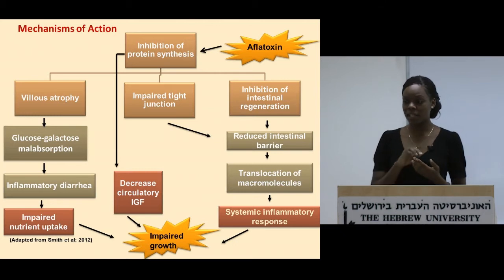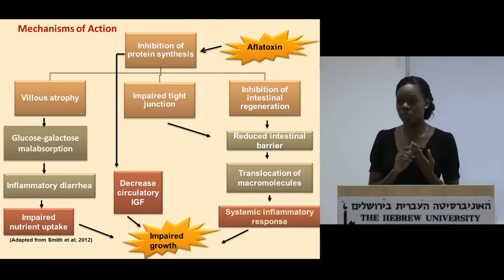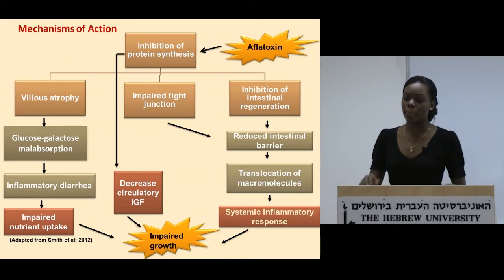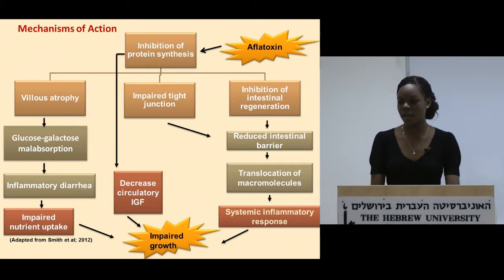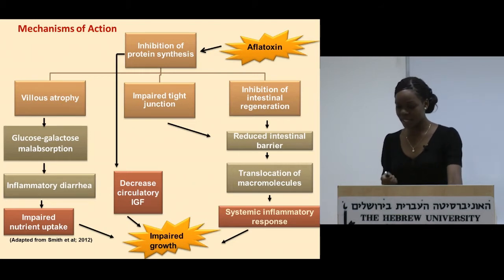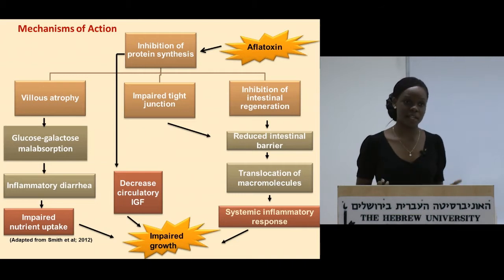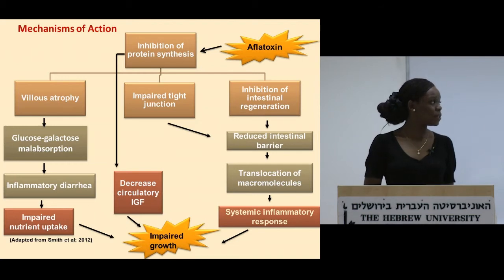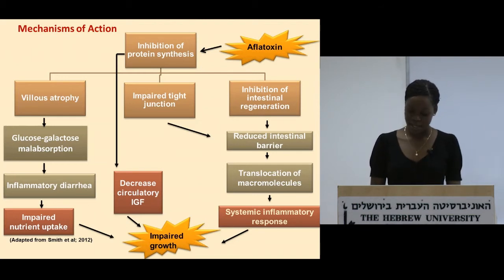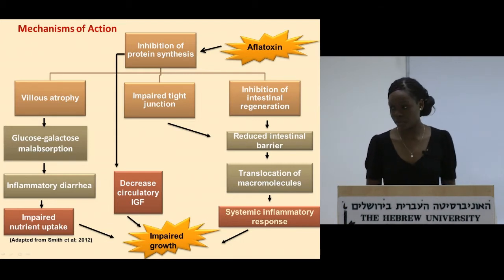And the lactase found at the tips of villi is eroded away, and this leads to malabsorption of sugars and carbohydrates, including glucose and galactose. Therefore there will be accumulation of water in the lumen, and this could lead to inflammatory diarrhea, which in turn leads to impaired nutrient intake, especially of micronutrients like zinc, which are vital for growth.